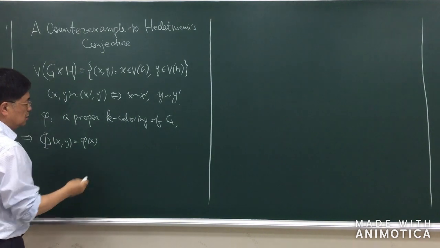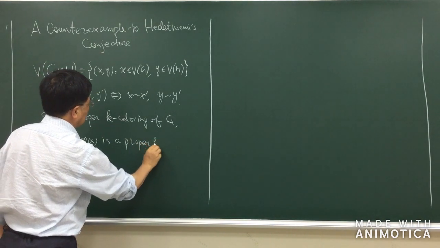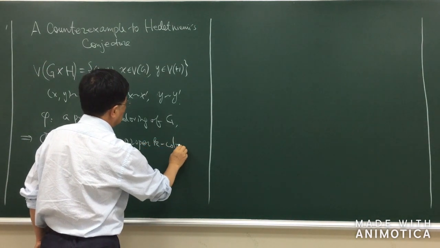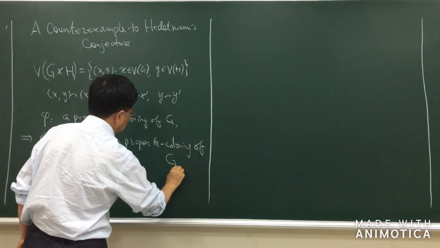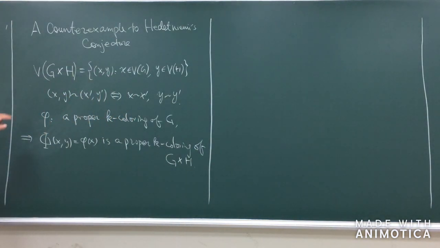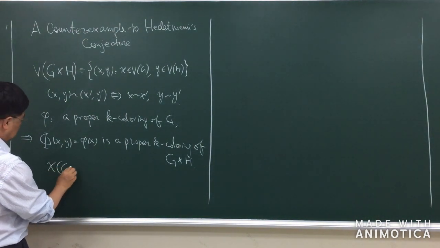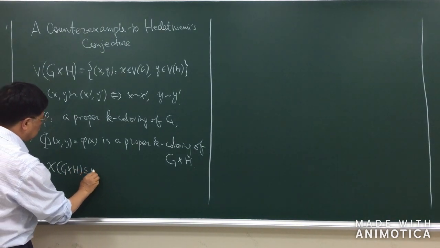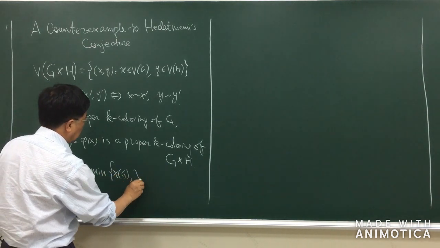This is a proper k-coloring of the product graph G times H. So this shows that the chromatic number of the product is bounded by the chromatic number of G, and similarly bounded by the chromatic number of H. Therefore, the chromatic number of G times H is less than or equal to the minimum of the chromatic number of G and the chromatic number of H.